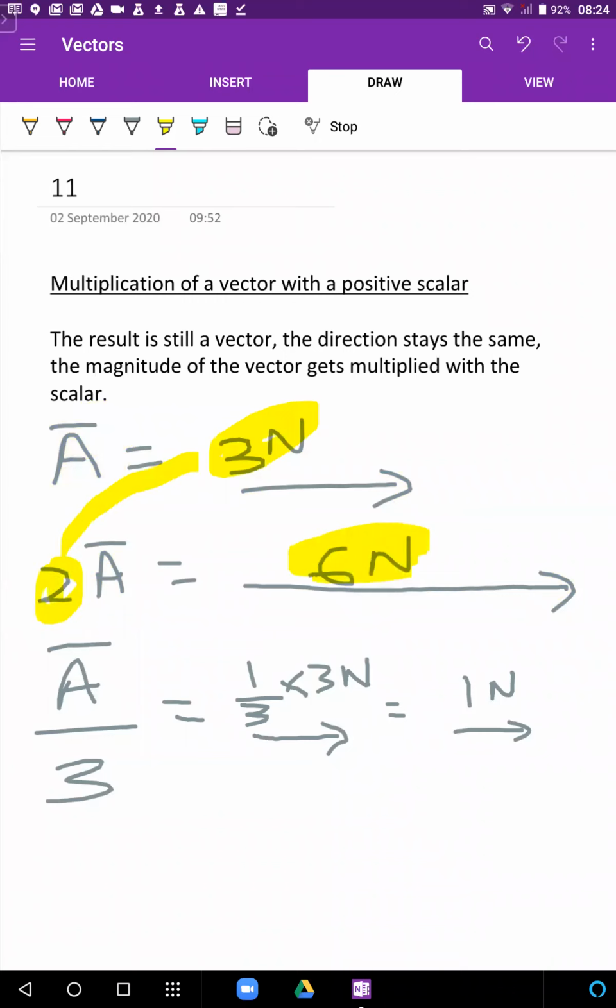So 2 just gets multiplied with the magnitude of your vector. है ना? Makes sense. Double of a bar should be 6 Newton. Double your force बोलेंगे तो तुम double force लगाओगे same direction में, है ना? वही फंडा है. Whenever you multiply a vector with any number, the magnitude gets affected. The magnitude gets multiplied with that number.